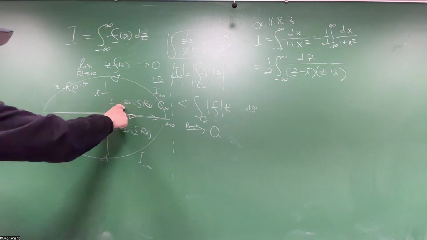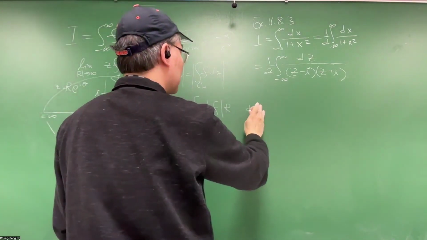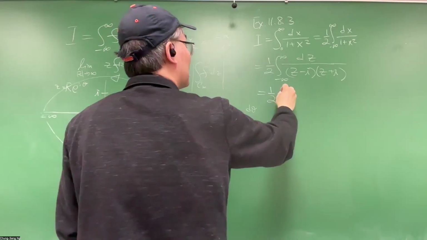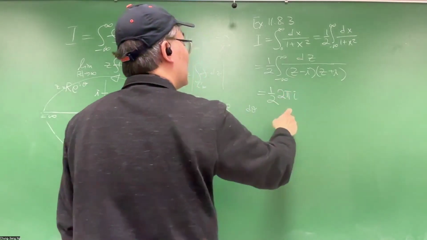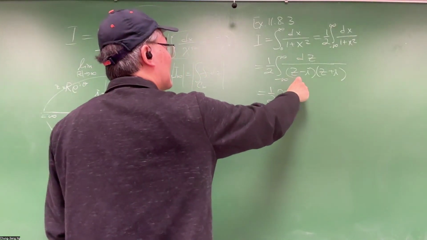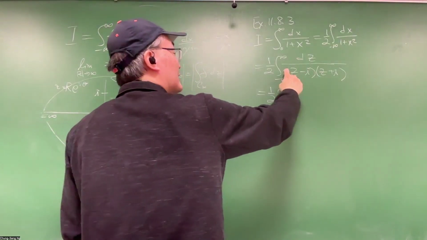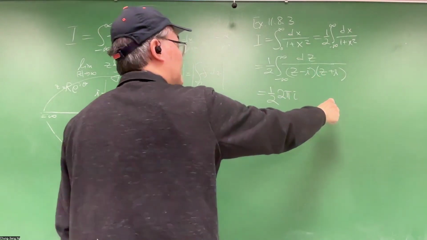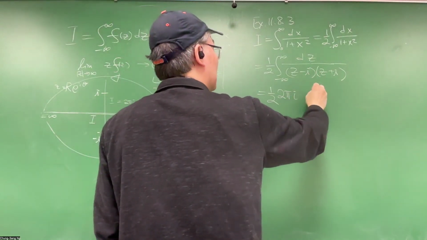If you close it above, then this is 2 pi i times the residue. The residue is multiplying by z minus i, which cancels with that, and taking the limit z goes to i, so 1 over 2i.